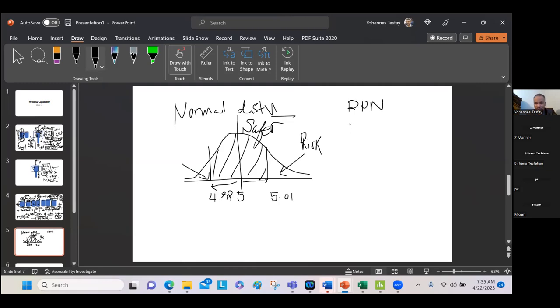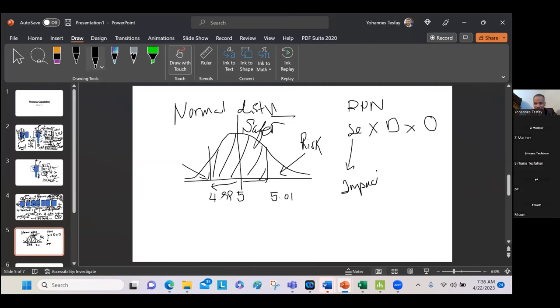What is RPN? Severity times detection times occurrence. Okay, severity is the impact.